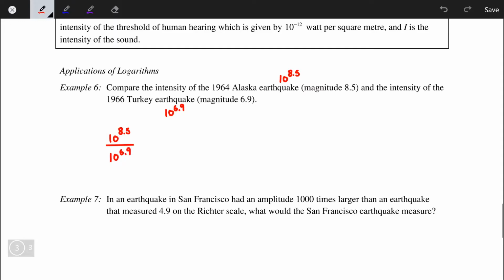Now we're dividing powers of the same base, which means we're going to subtract the exponents, like so. And so this will be 10 to the 1.6 power, which is approximately 39.8 times as intense.